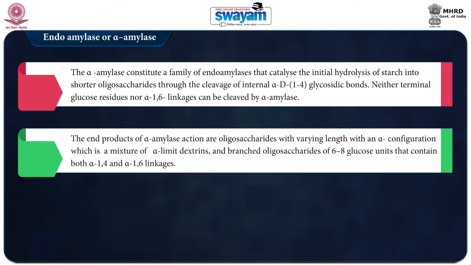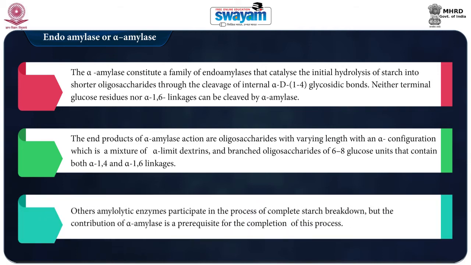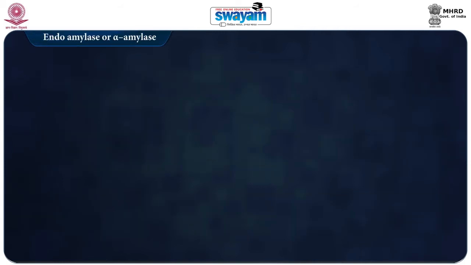The end products of alpha-amylase action are oligosaccharides with varying chain length with an alpha configuration, which is a mixture of alpha limit dextrins, branched chain oligosaccharides of 6 to 8 glucose units, which may contain both alpha-1,4 and alpha-1,6 linkages. Other amylolytic enzymes participate in the process of complete starch breakdown later on, but the contribution of alpha-amylase is a prerequisite for the completion of this process.